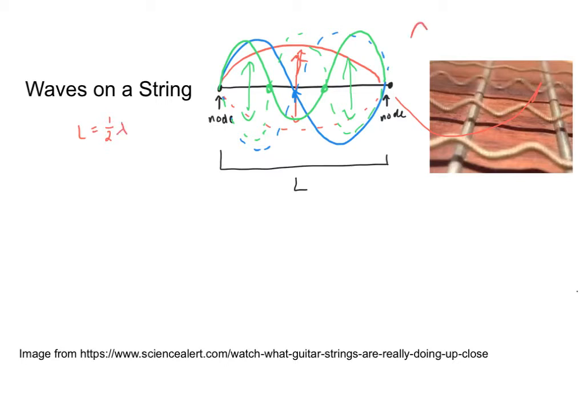And that's because, of course, a full wavelength looks like this. And for my fundamental frequency, the only part of my wave that's actually on the string is that first half.